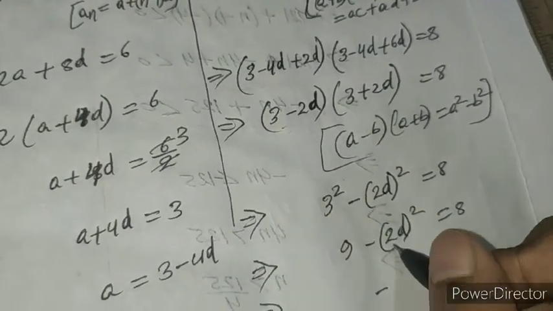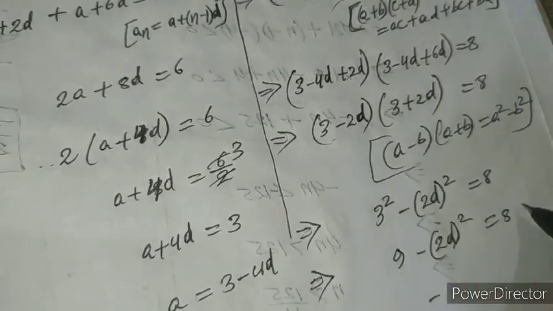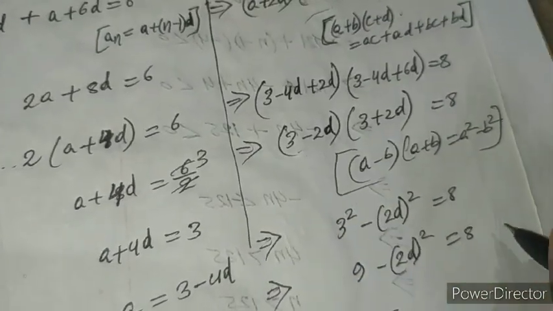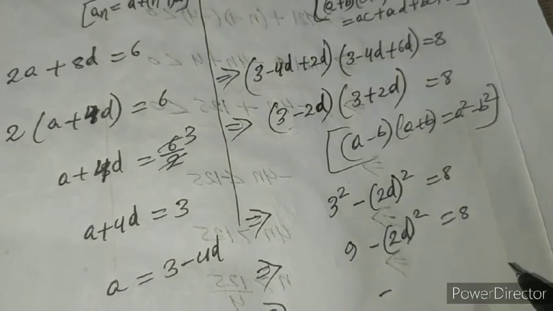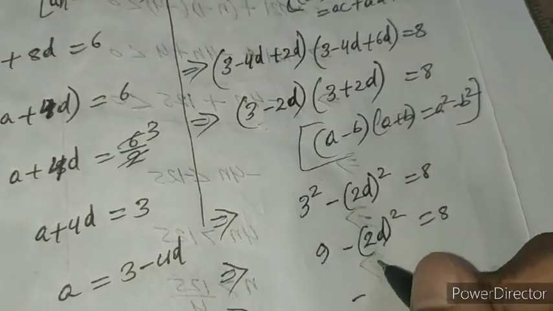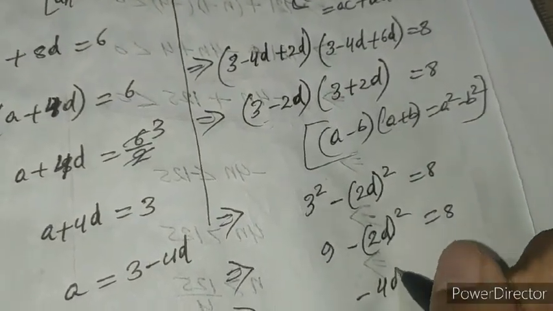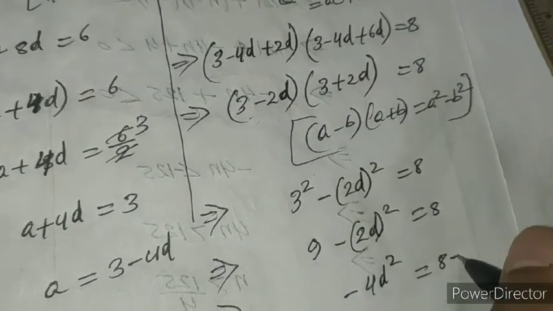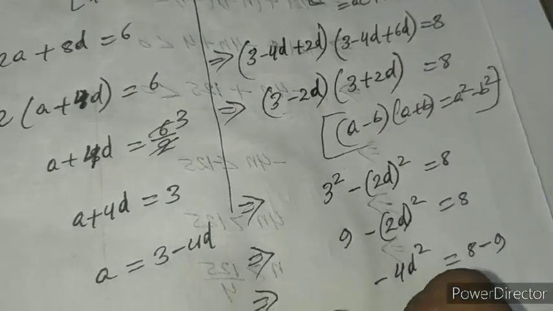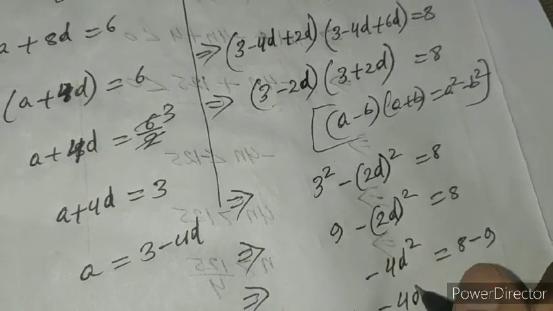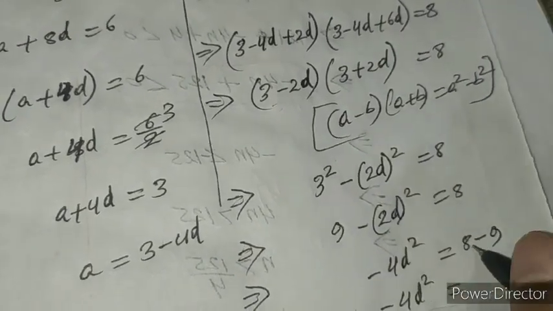Now we subtract 9 from both sides: minus 4d square is equal to 8 minus 9, which is minus 1.